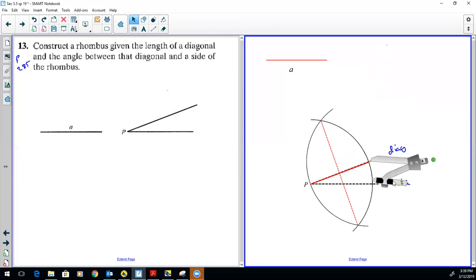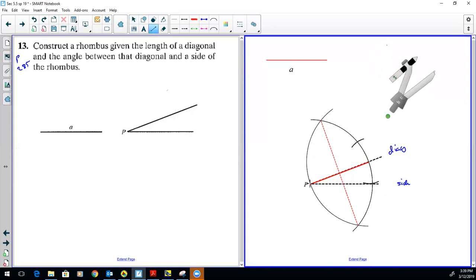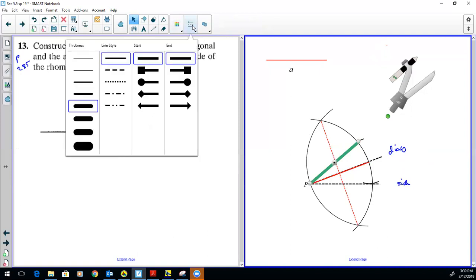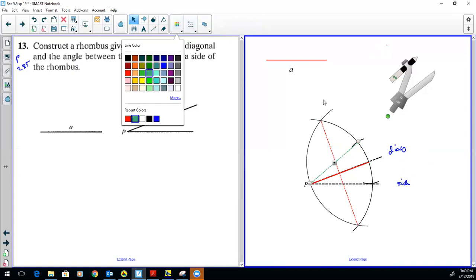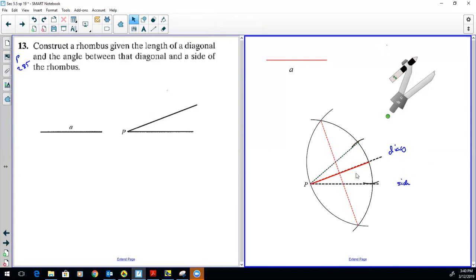So in other words, if I, whoops, figure that distance out and go over here and measure that same arc, okay, then from here to there, and I don't know why it still does this. Make this dashed and black. Okay. Then the other side of the rhombus is along this dashed line.